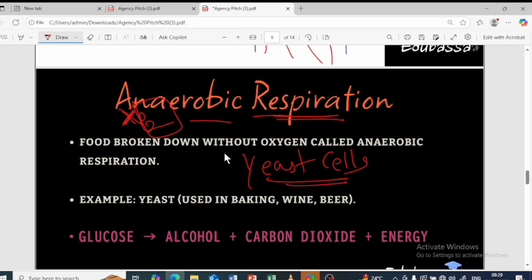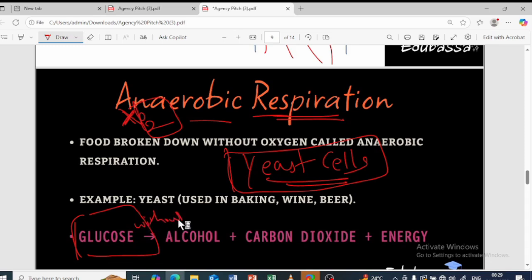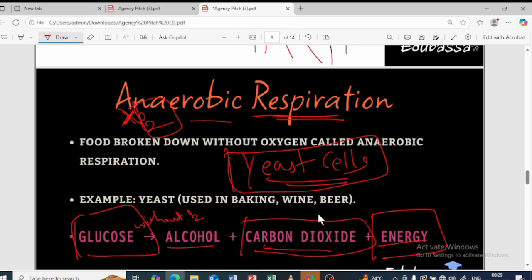So what happens in the yeast cells? This anaerobic respiration takes place. The glucose will be there. Glucose will be broken down without oxygen, obviously, and produces alcohol, carbon dioxide, and energy. This energy is used for the various purposes, and carbon dioxide will be formed, and alcohol, mainly alcohol.